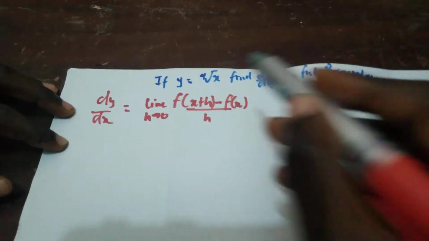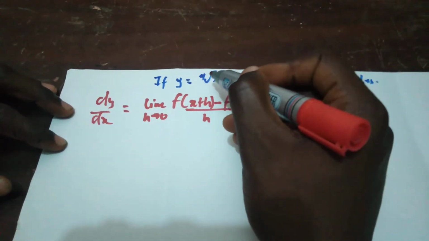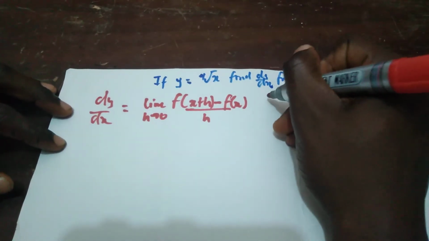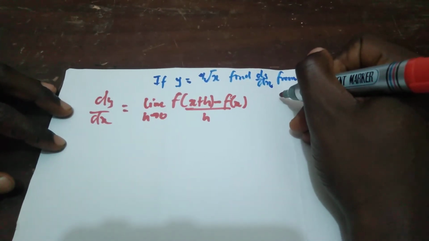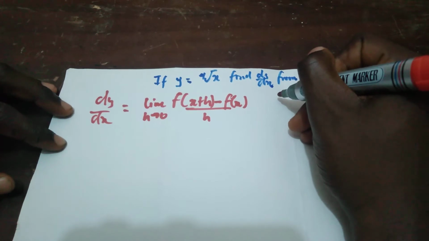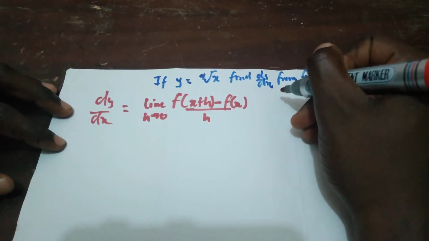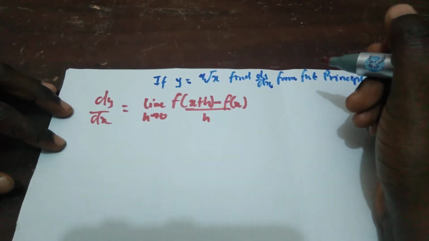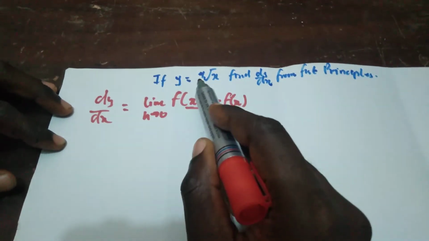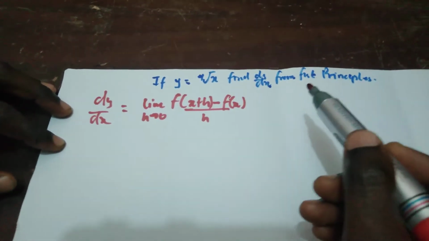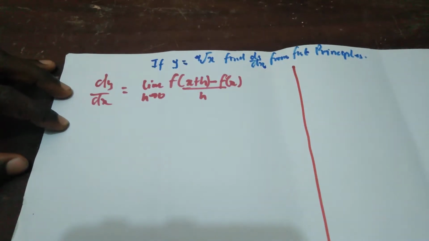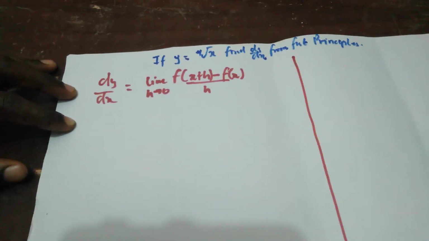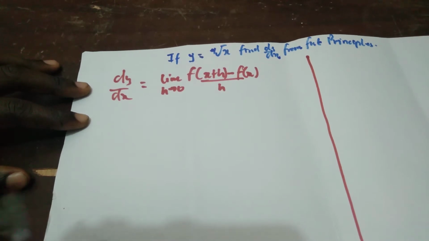Here the function is the fourth root of x, which is x raised to the power 1 over 4. I use two methods to prove this.